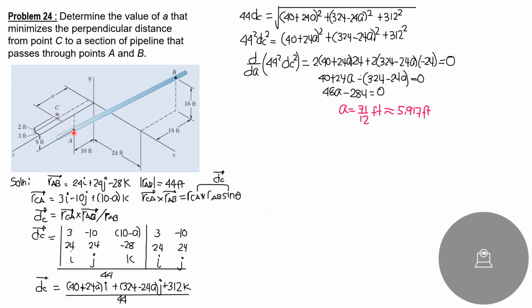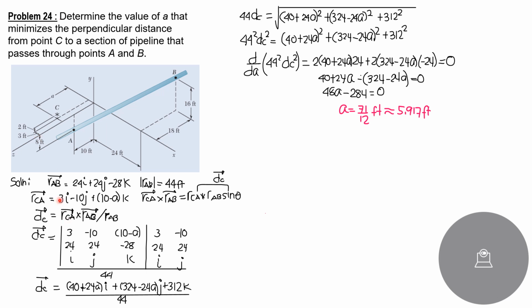So RCA is A minus C. Coordinates of A minus coordinates of C. So for x, 0 minus negative 3. Sorry, C is negative 3 supposedly because it is to the left of the x-axis.